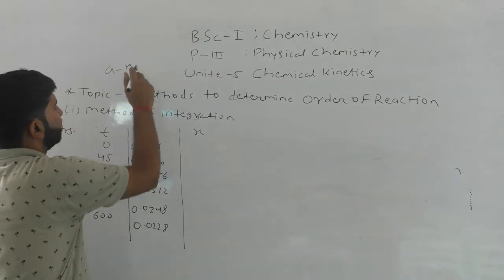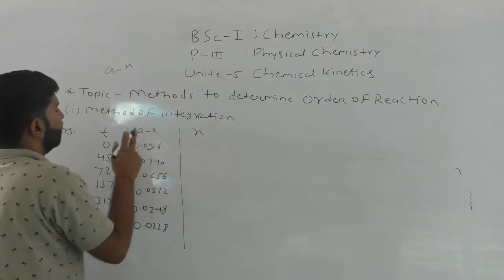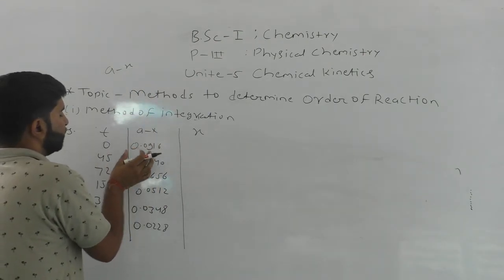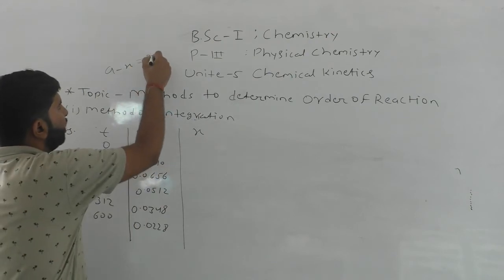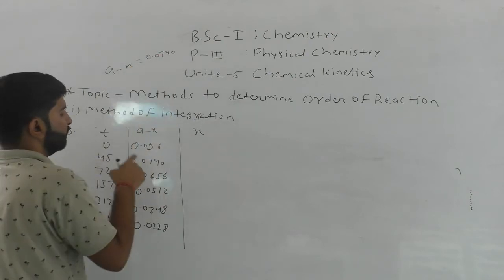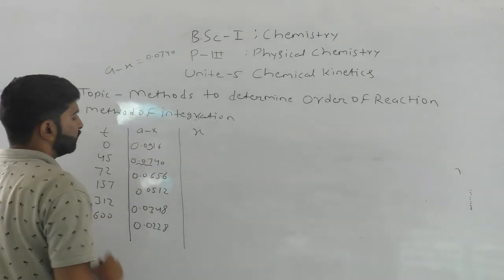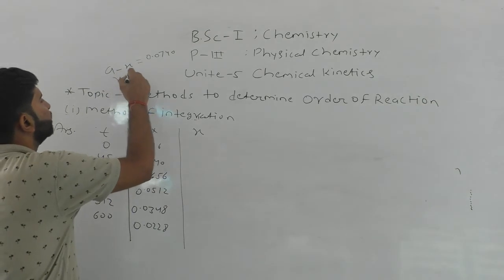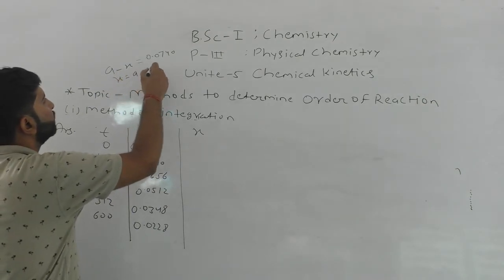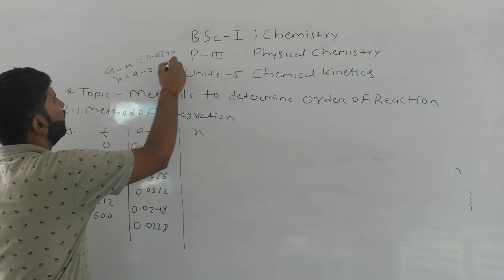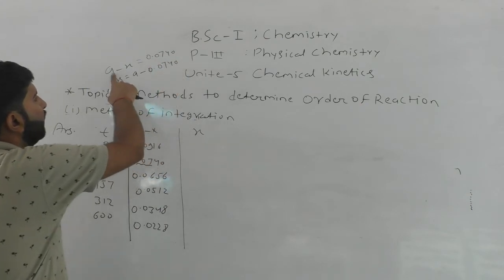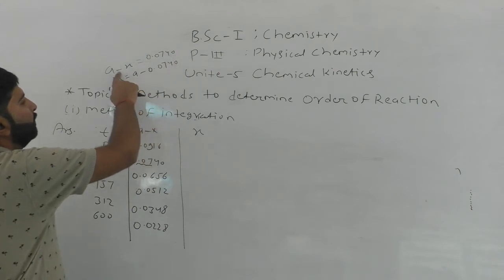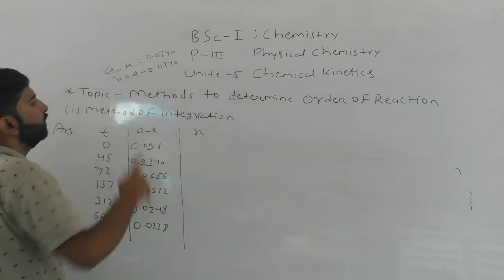The value of X is calculated as follows. Since A minus X equals 0.0740, X equals A minus 0.0740. We move the A to this side and then multiply the equation by minus.